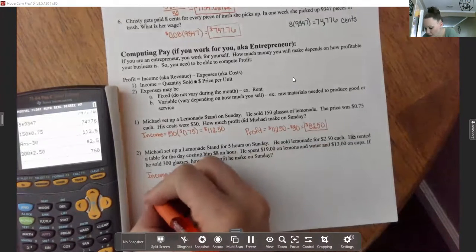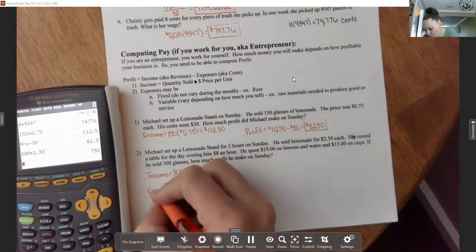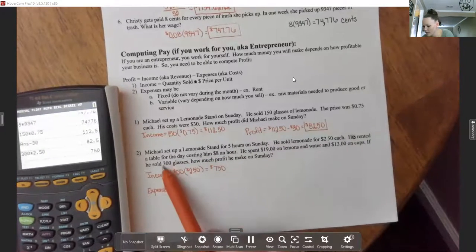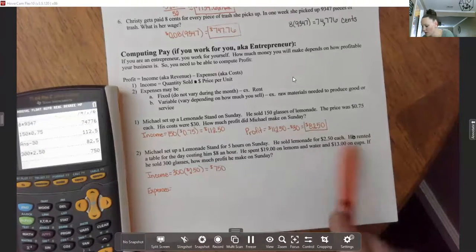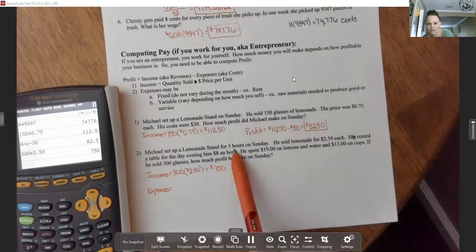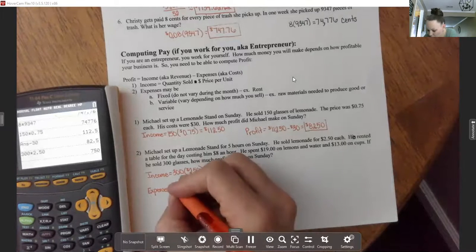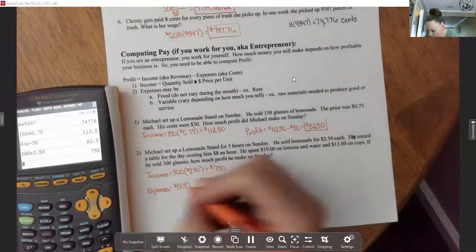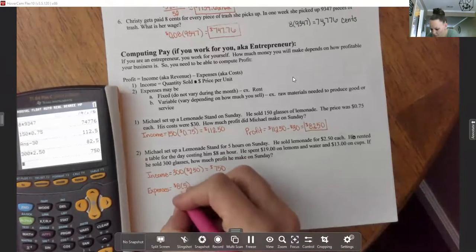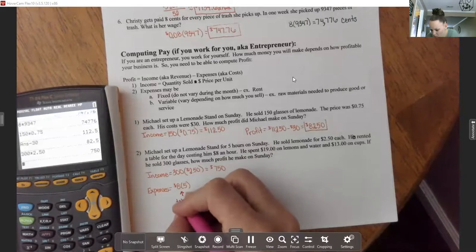But he has some expenses then. He rented a table, he bought lemons and water, and he also bought cups. For the table, it was $8 an hour, and he had the stand for 5 hours. So that's going to be $8 times 5. That part right there is for the table.